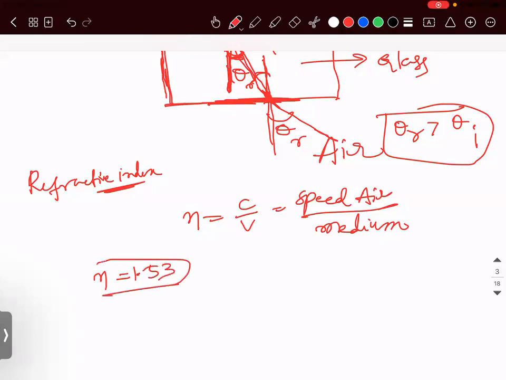What is the medium then? 1.52 is for glass, right? Then we'll find out the speed of light in the glass medium. What is the speed of light in the glass medium?